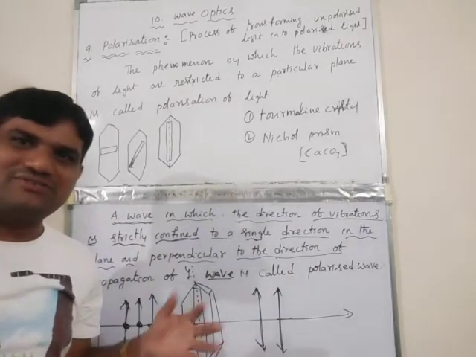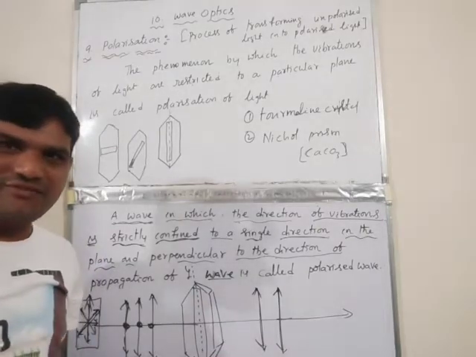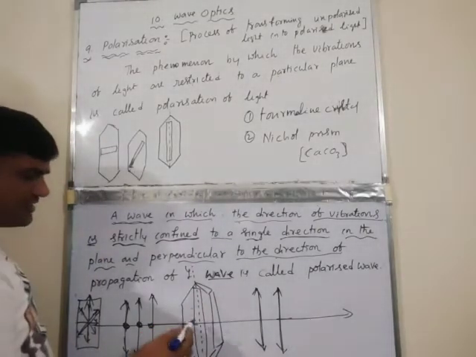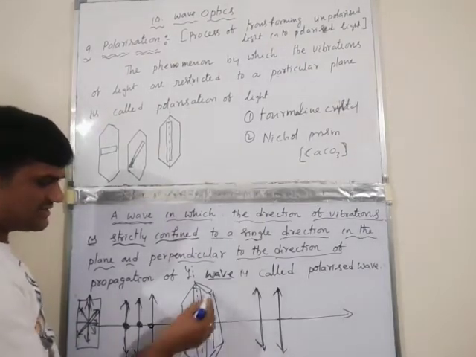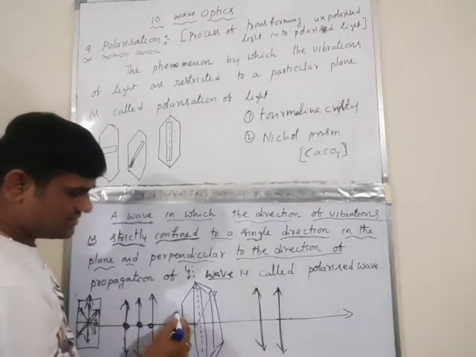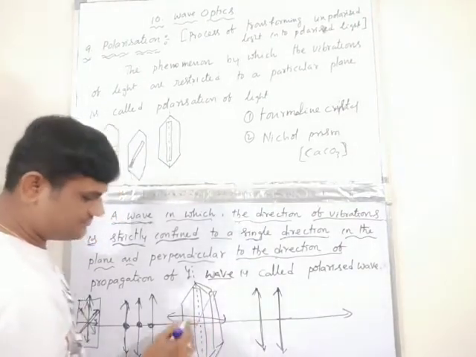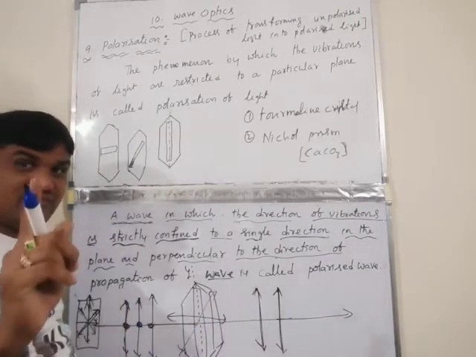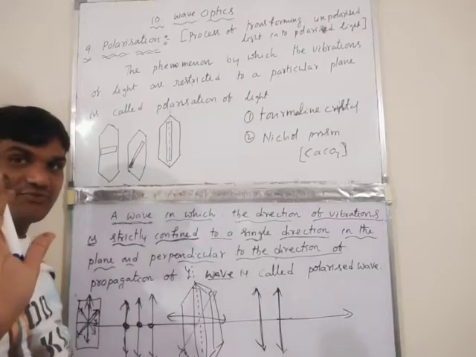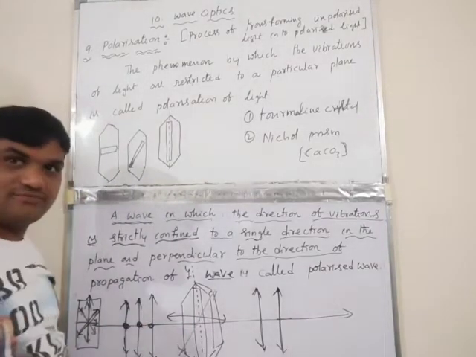Correct? The remaining waves do not. For example, if the y-axis waves come here, the x-axis waves do not come, and the z-axis waves also do not come. Only one direction of waves, the single light waves, will come outside.